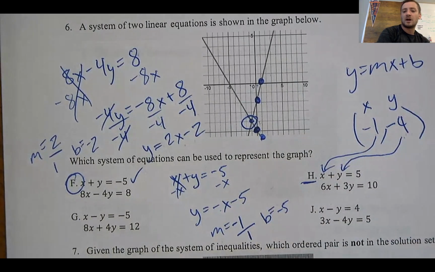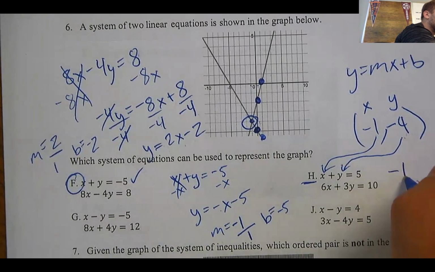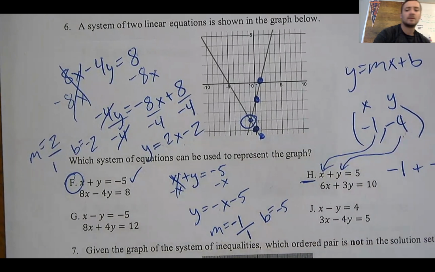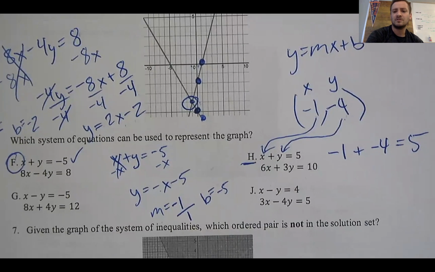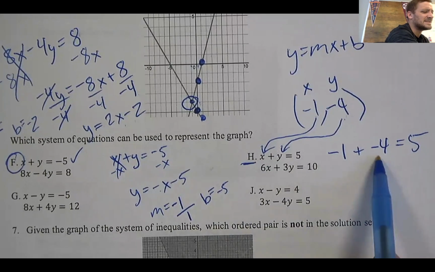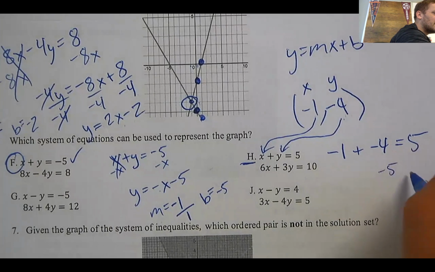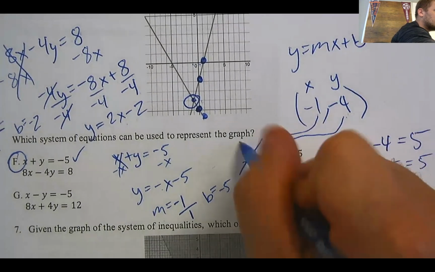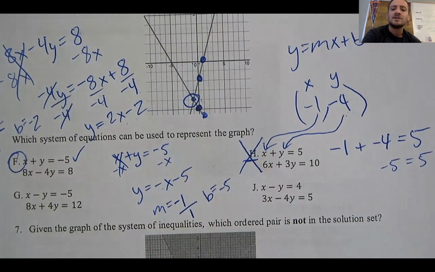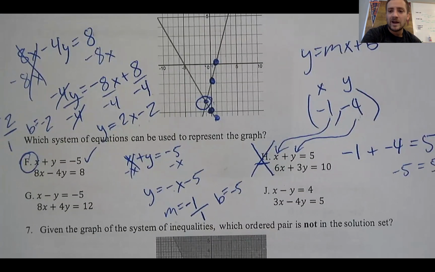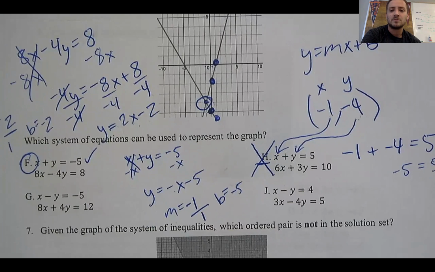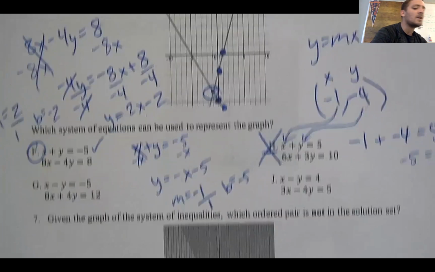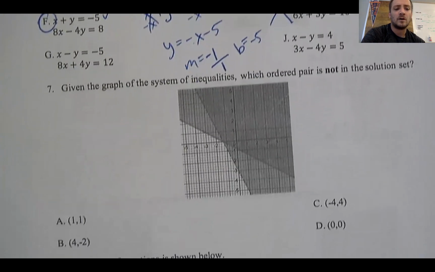What does that equation now become? -1 plus -4 equals 5. Is that true? -1 plus -4 is -5. Is -5 the same thing as 5? No. So it does not work for option H. So this is another way that you guys could have gone about doing this problem. Okay? All right. Let's move on.